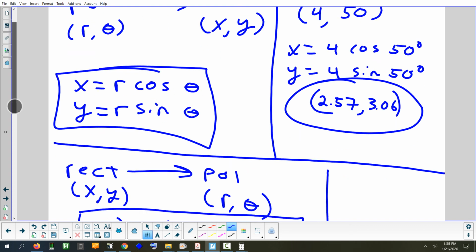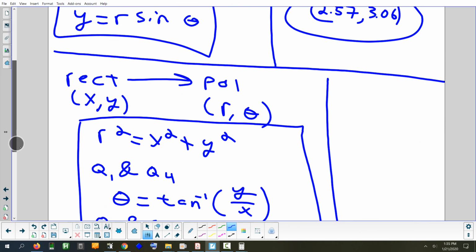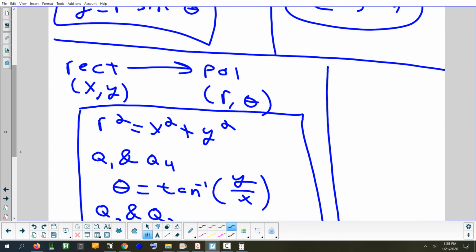Okay, rectangular to polar. They would start you off with a rectangular, an x and a y value, like 2, 5. So 2 is x, 5 is y. First thing we have to do is find the radius. R squared equals x squared plus y squared.